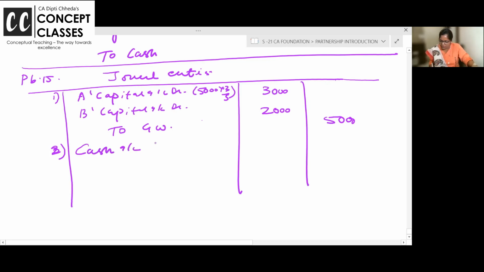Cash account debit to premium for goodwill, 4,000 ka 1/4. C is admitted with 1/4 share and his share of goodwill is 1,000.